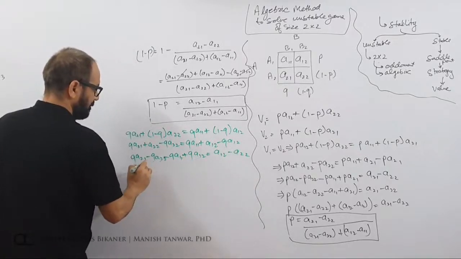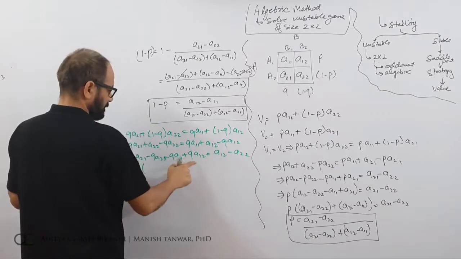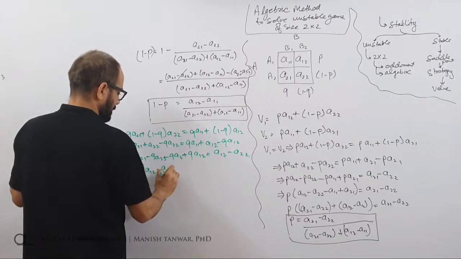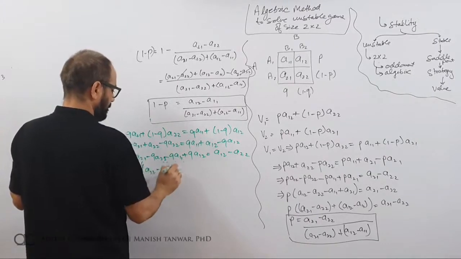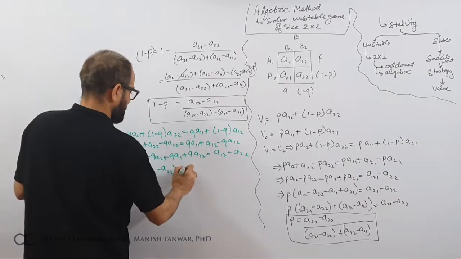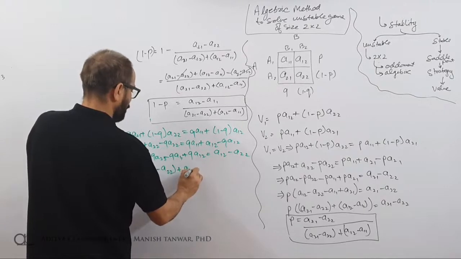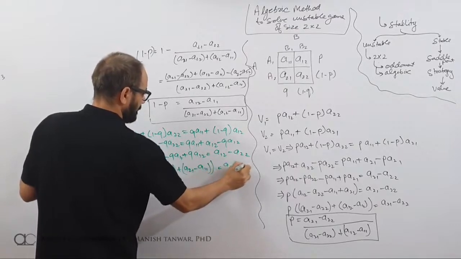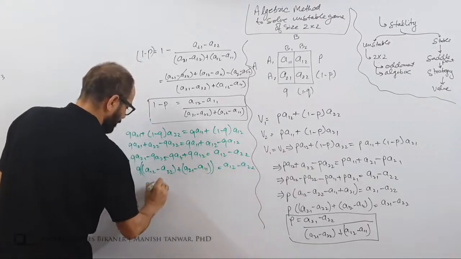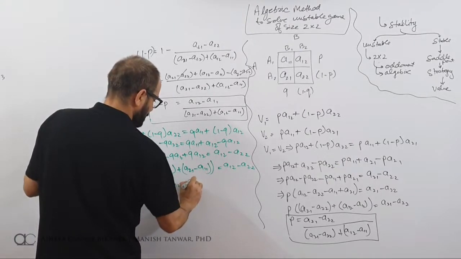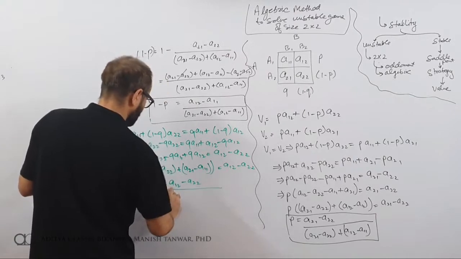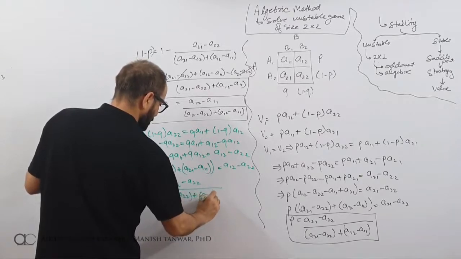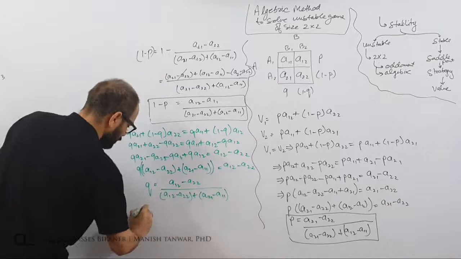If you take Q as common and try to form groups, first we'll have A12 minus A22, and the second one would be A21 minus A11, is equal to A12 minus A22, thereby giving me Q as A12 minus A22 upon A21 minus A11. This is Q.